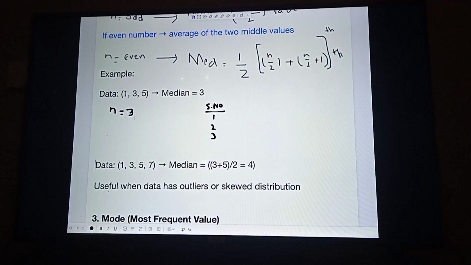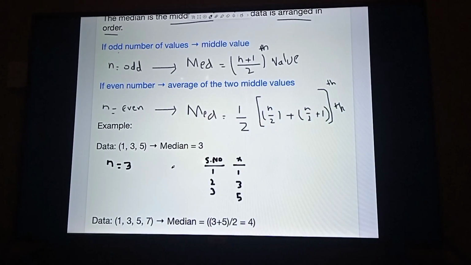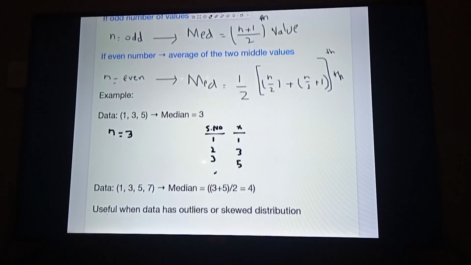And then observations. We represent observation with x. x1 is equal to 1, x2 is equal to 3 and x3 is equal to 5. Now it is odd, so use this formula.